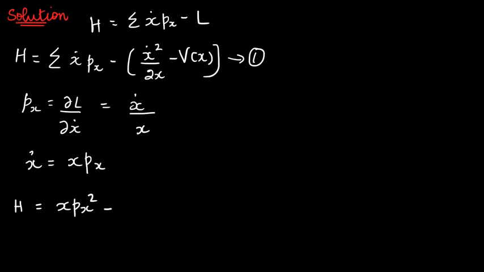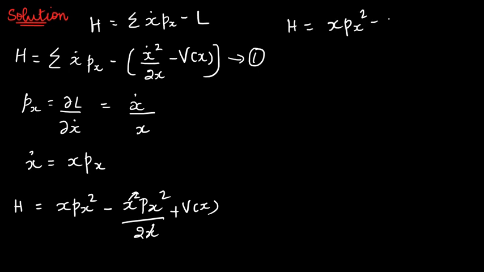x px square minus, here also I am replacing my x dot by x px. So this will give me x square px square by 2x plus v of x. So I'll get x px square minus x px square by 2 plus v of x.